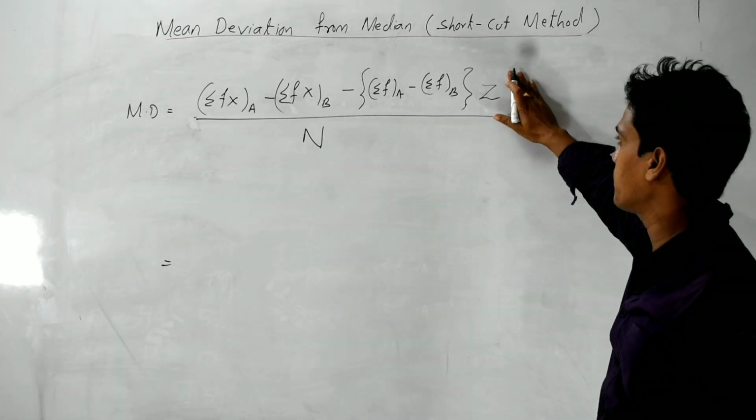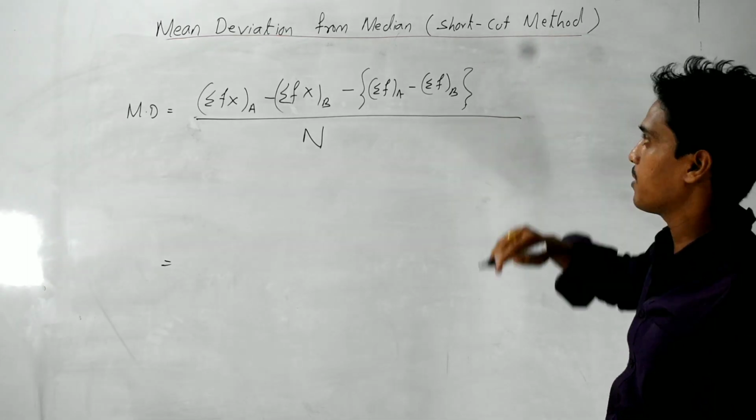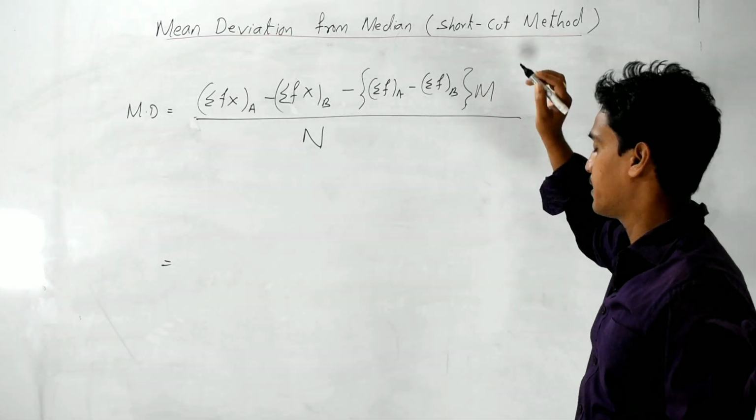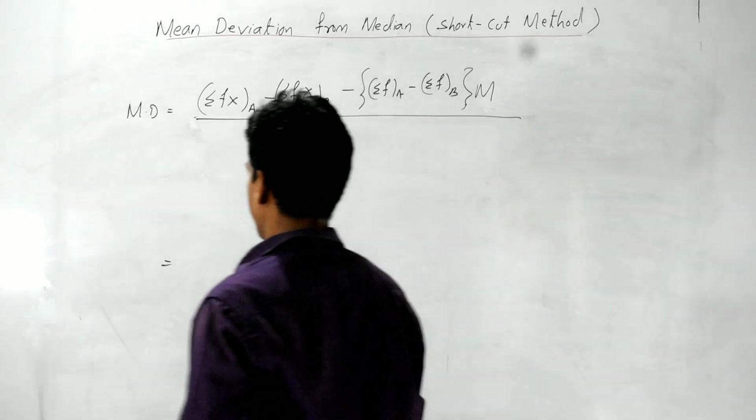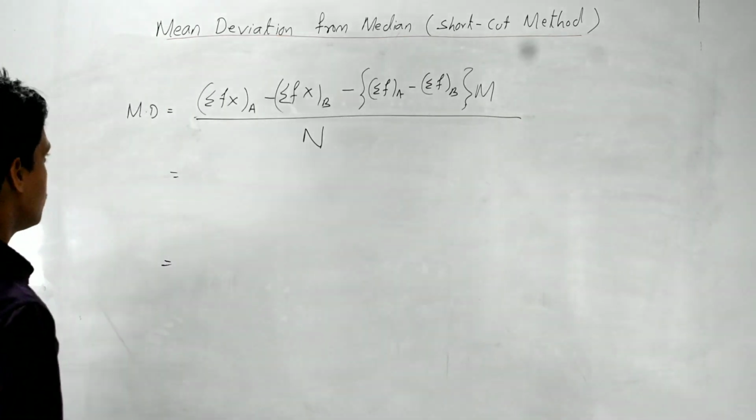As now we are solving mean deviation from median, so we have to multiply the value of the median. Now put their values.